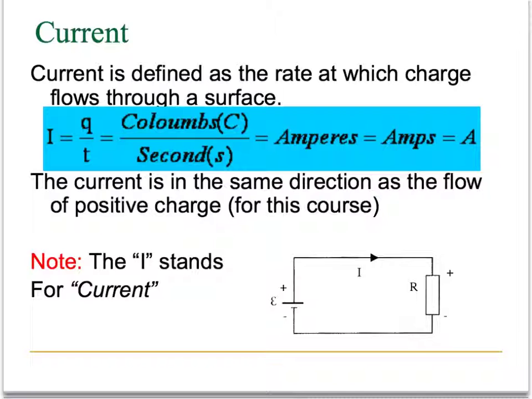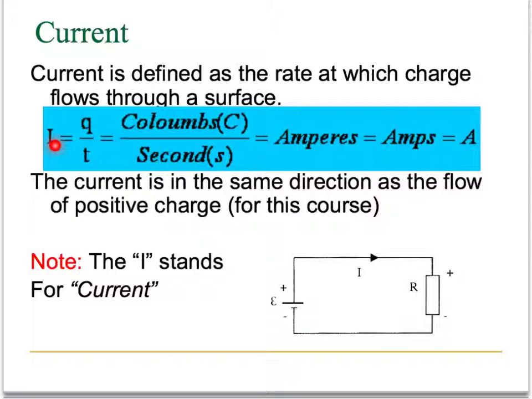Now let us look into current. Again, current is defined as the rate at which charge flows through a surface. When we consider the word rate, we are looking at time. So this here is the equation for electric current, or simply current.